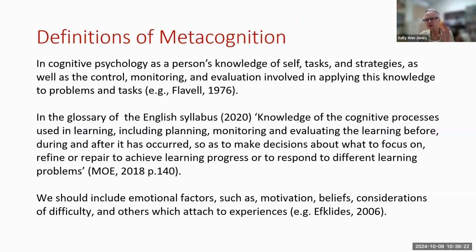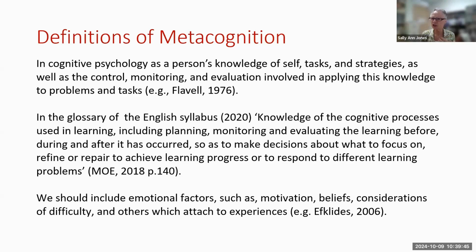Okay, so let me move to the first point, which is definitions of metacognition. And the very traditional, if you like, definition in cognitive psychology is the idea of a person's knowledge of self, tasks, strategies, and the control and monitoring and evaluation of those strategies in application.